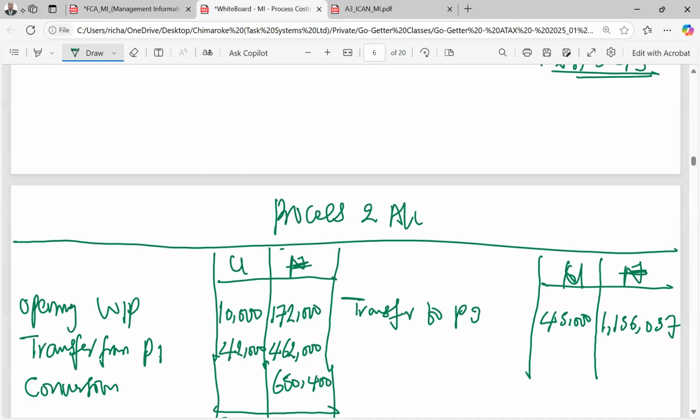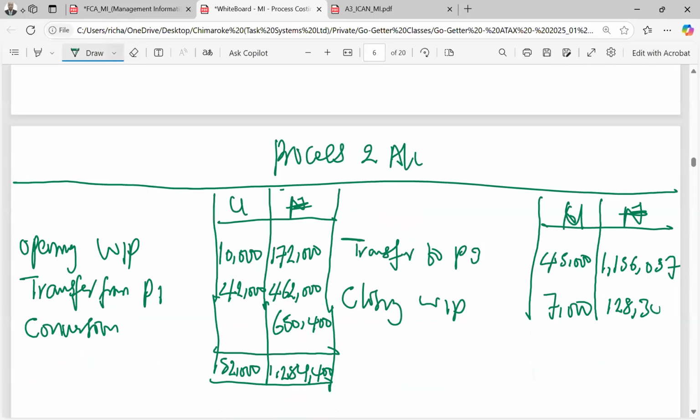We said it was 7,000. 128,343. So 52 has been accounted for.